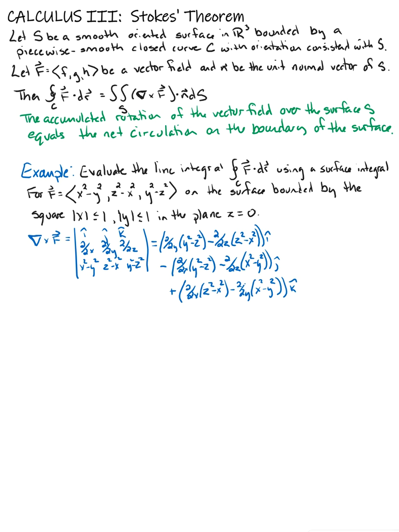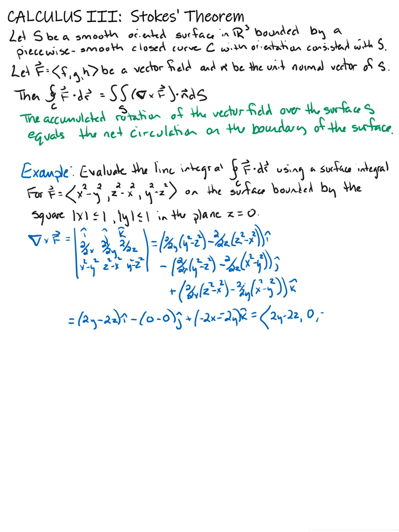All right, well, let's see, what does this give us? This is 2y minus 2z for i, minus 0 minus 0 for j, plus negative 2x minus a negative 2y for k, which we can write as 2y minus 2z, 0, and negative 2x plus 2y.